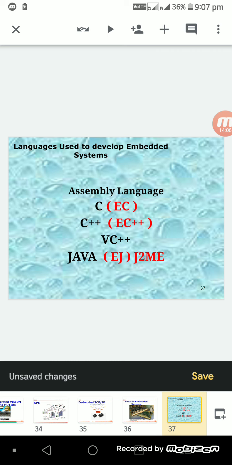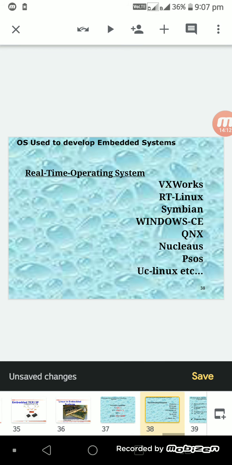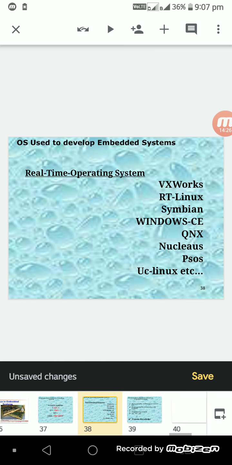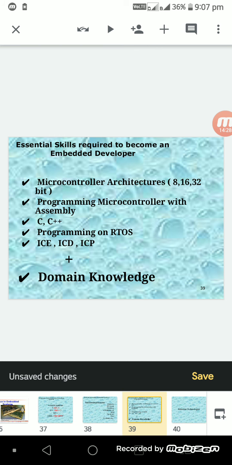Next, go for programming languages: C language, C++, Java, embedded C. Next, real-time operating systems: VxWorks and RT Linux. Windows, these are called real-time software programming. This is a requirement to become an embedded developer: microcontroller architectures, programming microcontrollers with assembly, C or C++ programming, and RTOS.